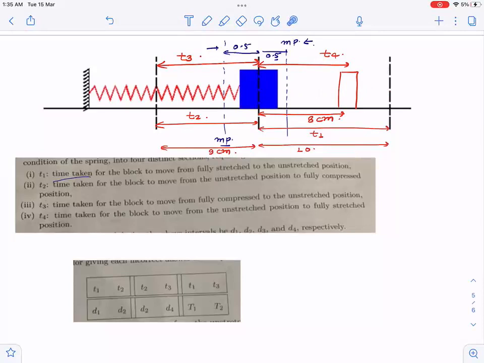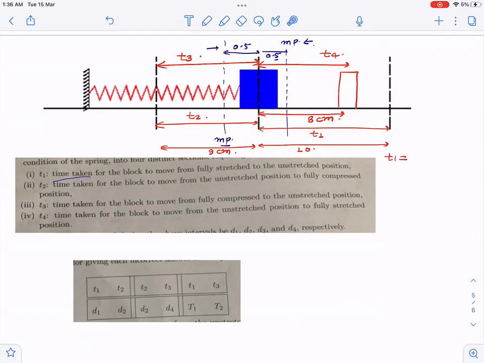So T1 and T2, correct? I'm writing T1 here. Understand this again. I'm writing the values. So what's T1 here? See, this is 10, this is 9. These are two extreme positions, and this is the mean position when it is traveling like this. So what's the amplitude here? The amplitude is 10 plus 9, 19 by 2, 9.5. So what time is T1?